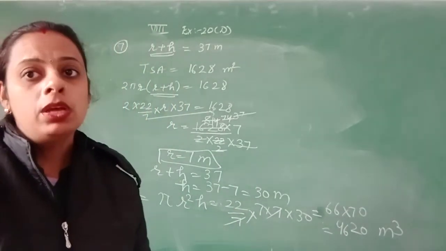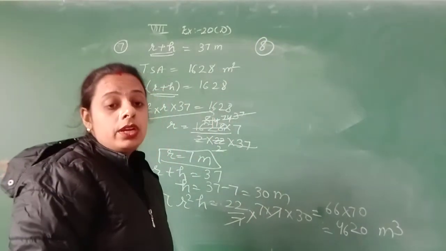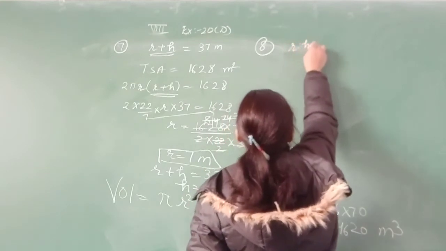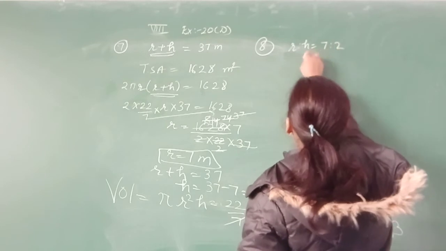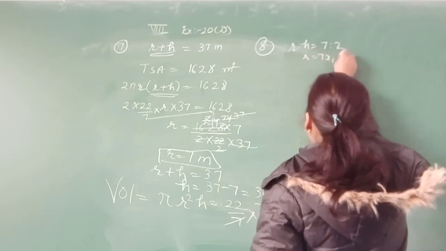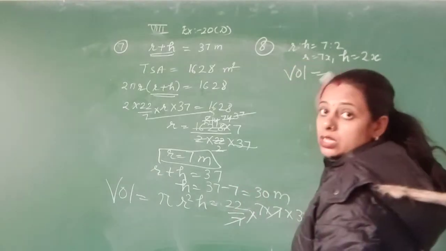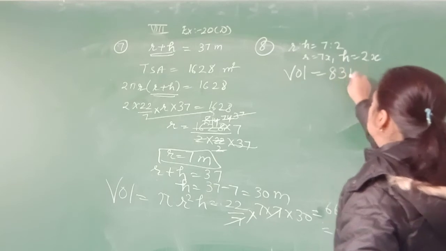That is also the same with the radius. In question number 8, the radius and the height are in the ratio 7:2. So r will be 7x and h will be 2x, and the volume is given here, that is 8316.